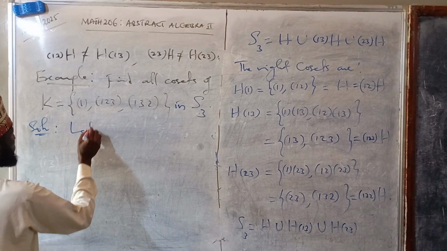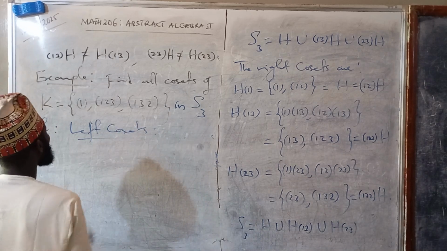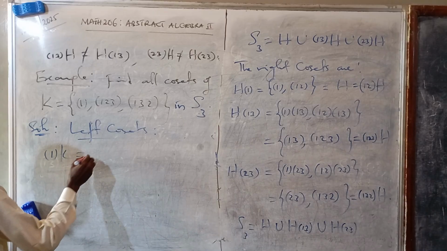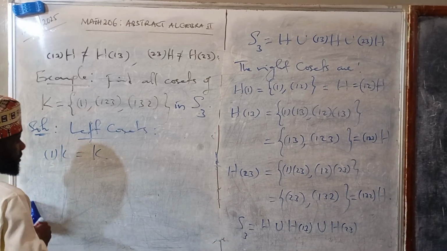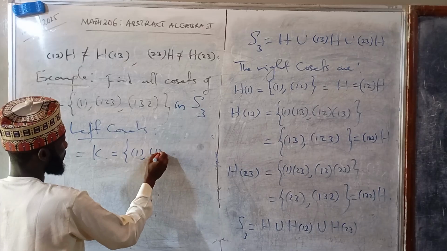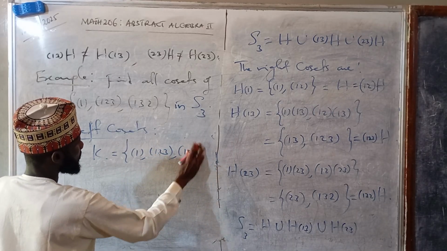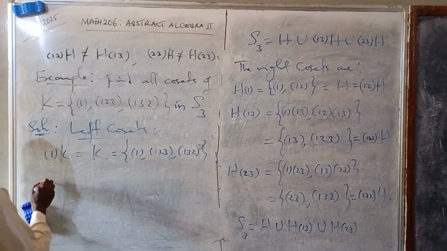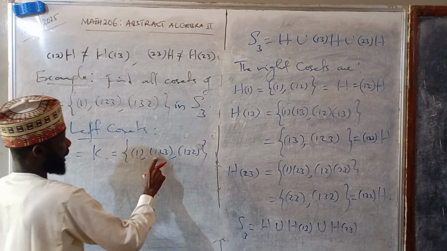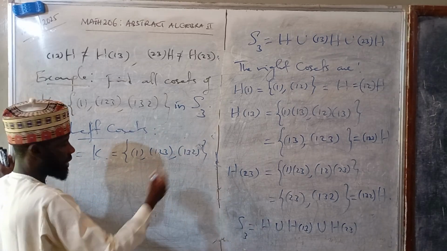So the left coset. We take the identity, we generate K. No problem. And you know K is {1, (1 2 3), (1 3 2)}. I don't have to use these other elements because they already appear in this coset, and they will generate the same thing.